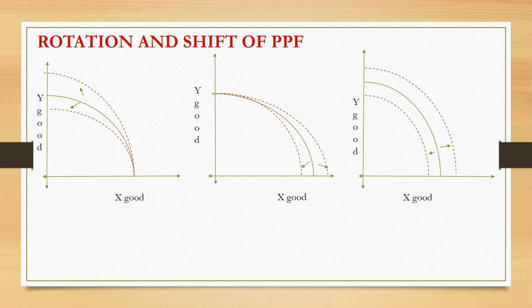Now, shift of the curve is represented in the third diagram. Growth of resources and technology that results in an increase in the production of both goods will shift the production possibility curve upward, to the right side.